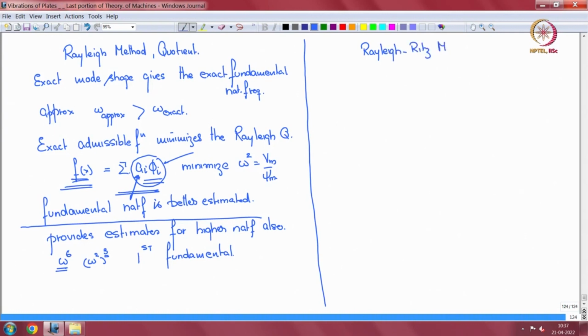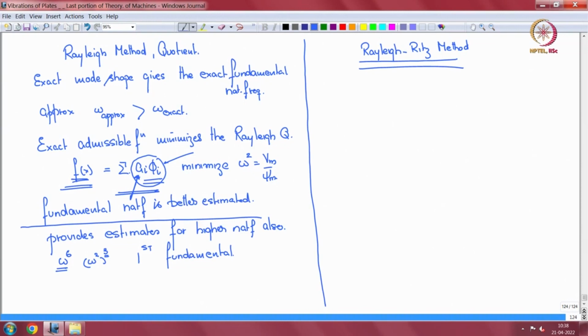The Rayleigh method gets extended to the Rayleigh-Ritz method when we start estimating higher natural frequencies.